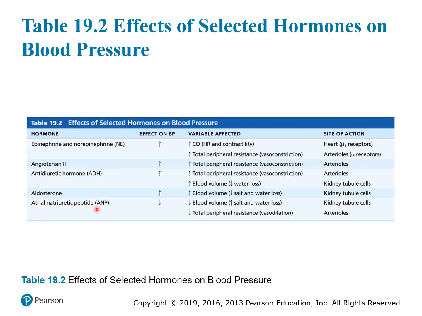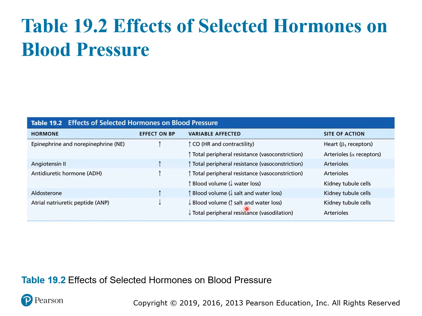Alright, and then atrial natriuretic peptide. It decreases the blood pressure and the blood volume because of increased salt and water loss, because natriuretic means that it causes sodium to be present in the urine, and wherever sodium goes, water follows. So sodium and water are both expelled from the body in the urine.